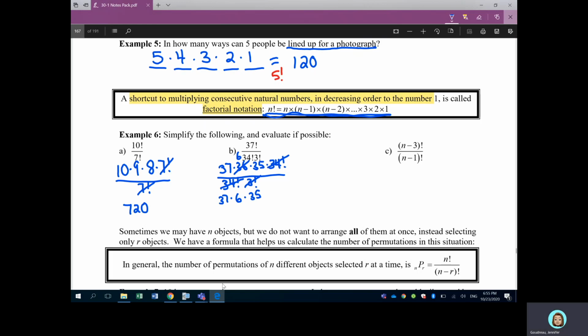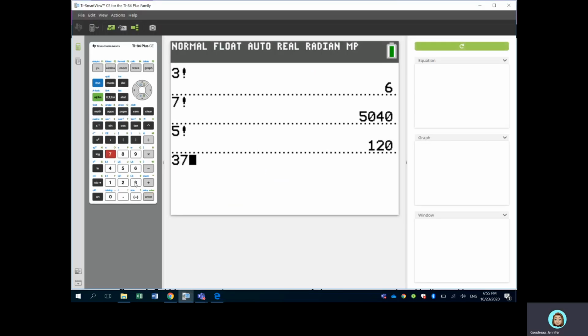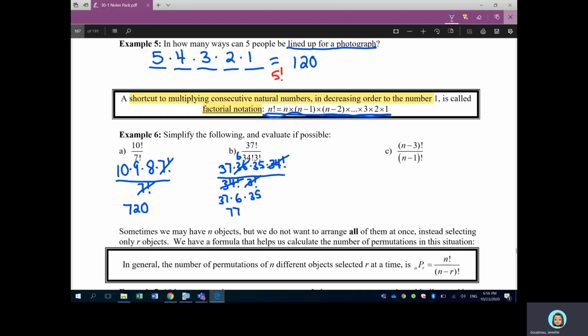So we can put that into our calculator to get a value. 37 times 6 times 35, and our answer is 7,770. So we can put that as our evaluation. So again, we take the bigger n value, expand it using the definition of factorial, and then reduce from there.